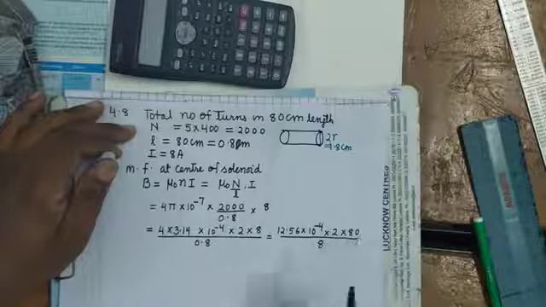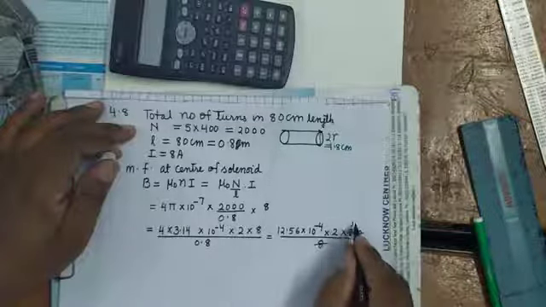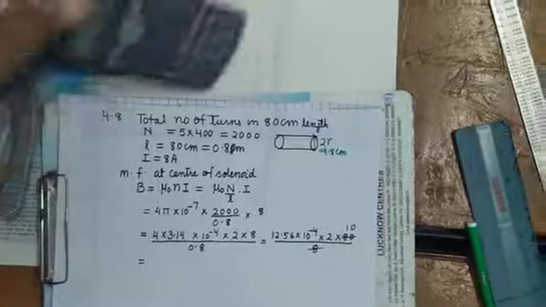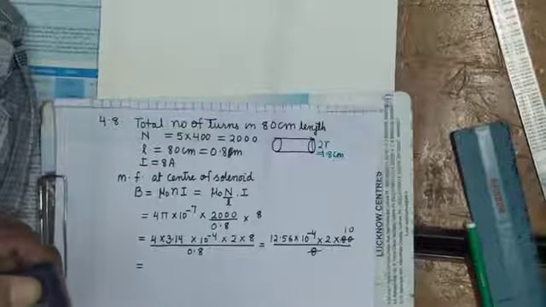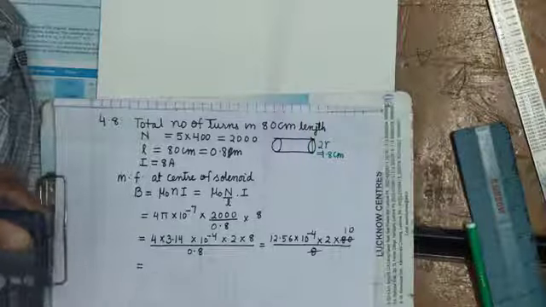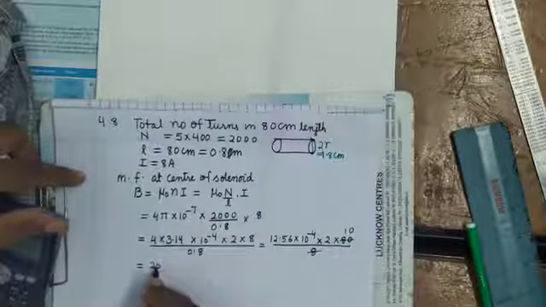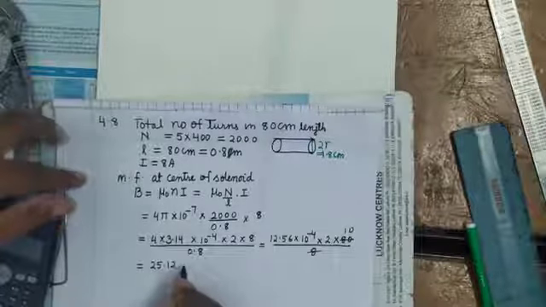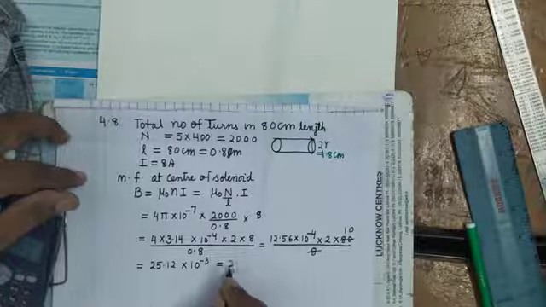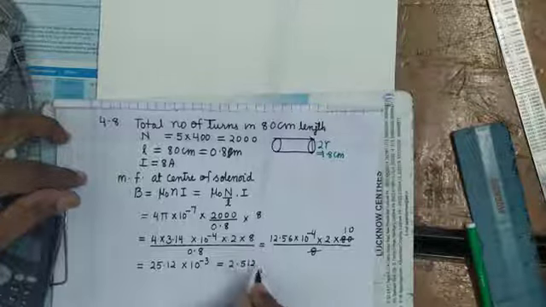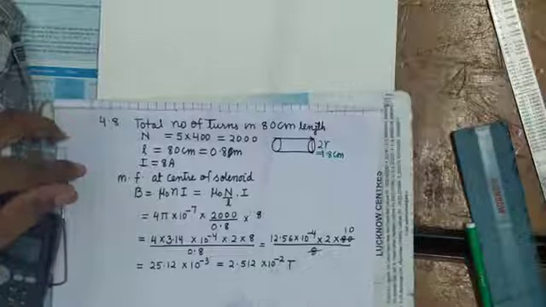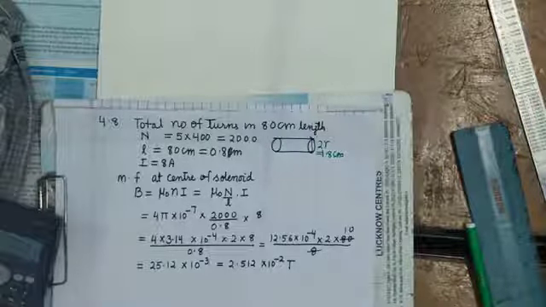Remove decimal and increase 0. So it will be equal to 12.56 into 2, 25.12 into 10 power minus 3, that is 2.512 into 10 power minus 2 Tesla. This will be the magnetic field.